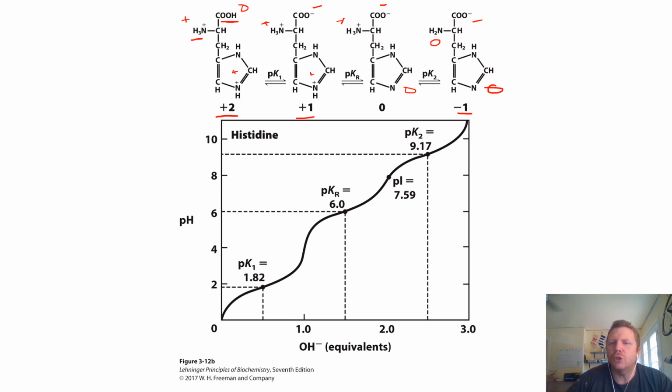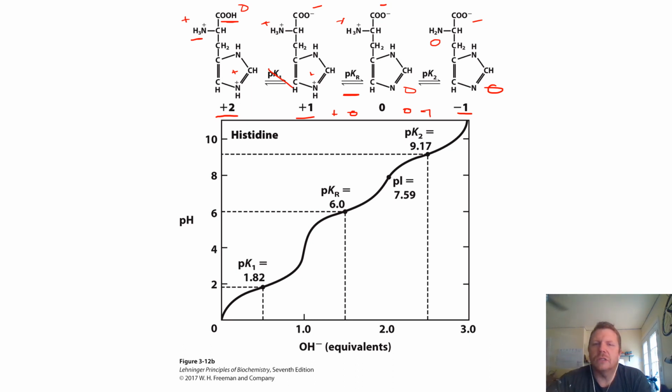Now, in order to calculate the pI, at what pH does this molecule have no charge whatsoever, you need to figure out what are the pKa values that show your transition from +1 to 0 and from 0 to -1. You actually don't even care about this first pKa. To calculate a pI, you are going to use two different pKa values, add them up and divide by 2.